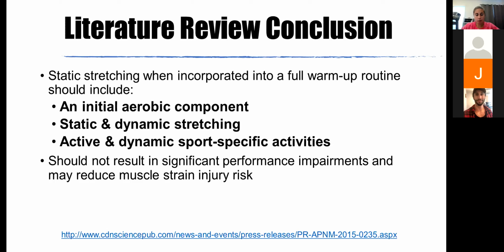And if it works for you, great. Then after that, you're going to go into your active and dynamic sport-specific activities. So you're going to go specific to what you're going to do in your activity or sport. Whether you're working out at the gym, you might be doing some banded movements, you might be doing some lighter weights of the resistance exercises you're going to do to warm up and get into those movement patterns, okay?